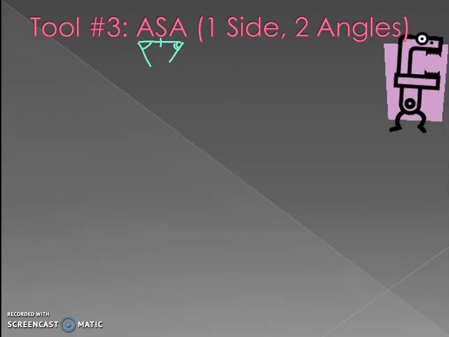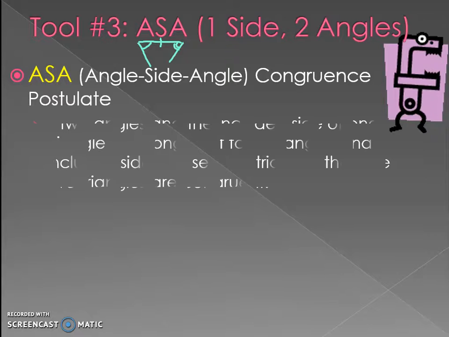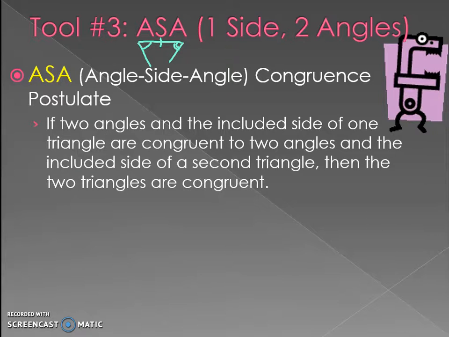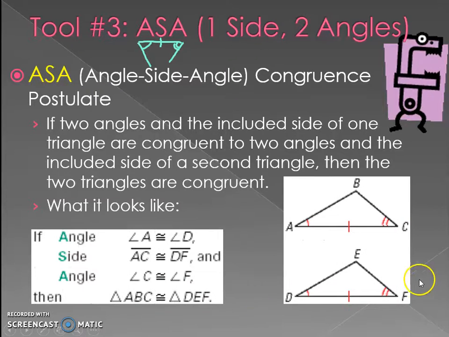Tool number 3, ASA, 1 side and 2 angles. ASA, angle side angle congruence postulate. If 2 angles and the included side of one triangle are congruent to 2 angles and the included side of a second triangle, then the 2 triangles are congruent. Here is what it looks like. Here you have angle, angle, and side. The side has to be between these two congruent angles.